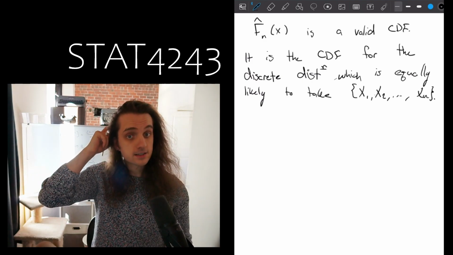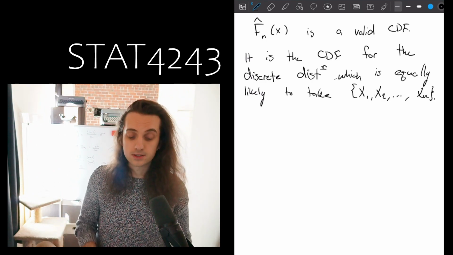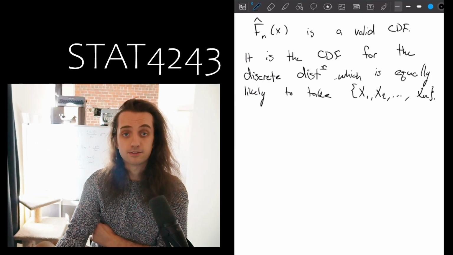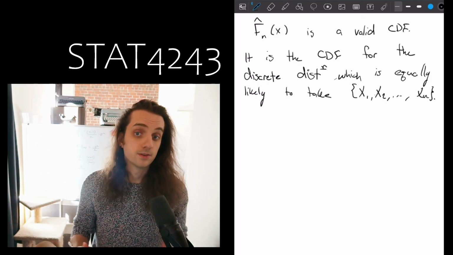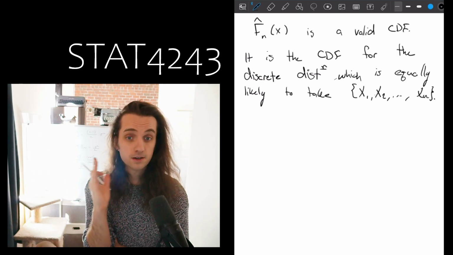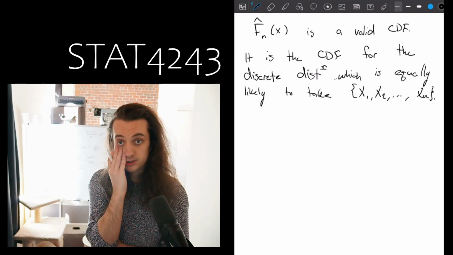Right, so if we define a discrete random variable which has an equal probability of taking on any of the values that we've observed, then F hat n is exactly the CDF for that, right? So it's essentially a discrete uniform probability distribution that assigns 1 over n mass to each of the options that we've actually looked at.